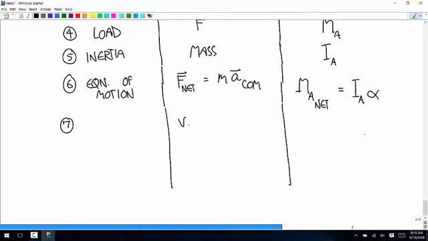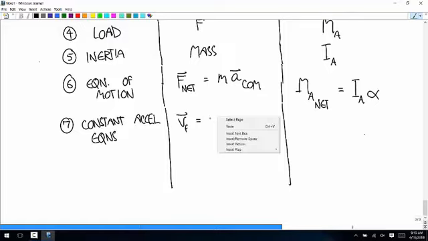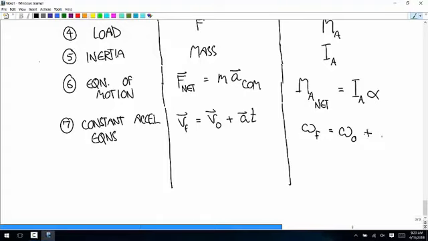These are the constant acceleration equations. They say V final is equal to V initial, or V sub 0, plus a t. If you have constant angular acceleration, then omega final is equal to omega 0 plus alpha t.